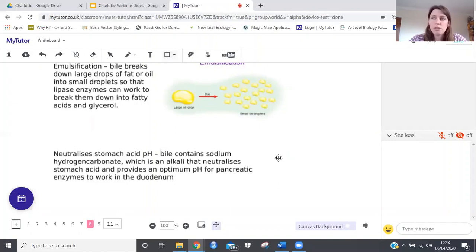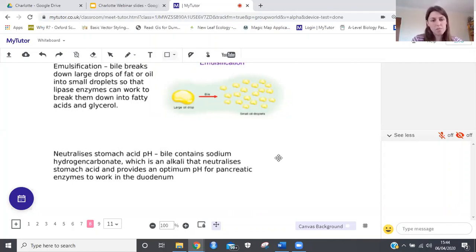Not all enzymes are adapted to that acidic environment. They don't like being in acid conditions, so they don't work as well. Bile works in the small intestine to help neutralize that stomach acid. It contains something called sodium hydrogen carbonate, which neutralizes the stomach acid, brings up the pH, and so provides an optimum pH for pancreatic enzymes to work in the duodenum.